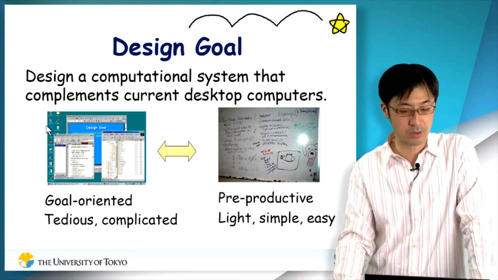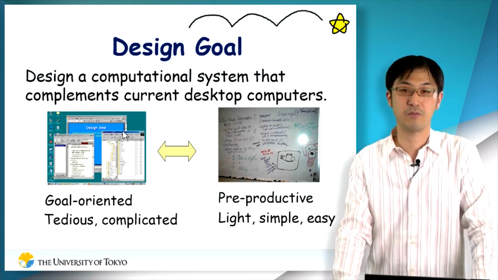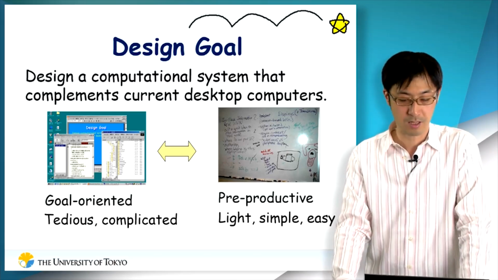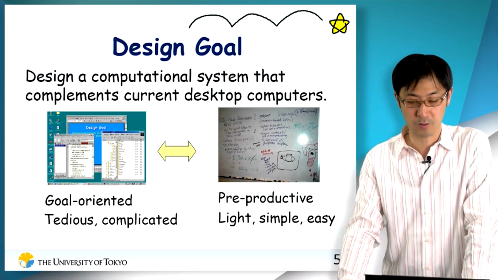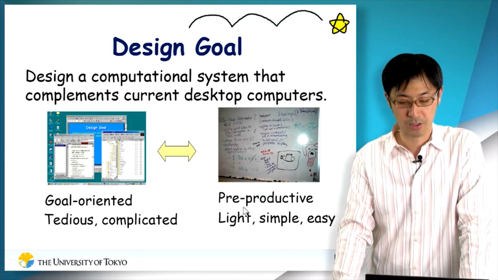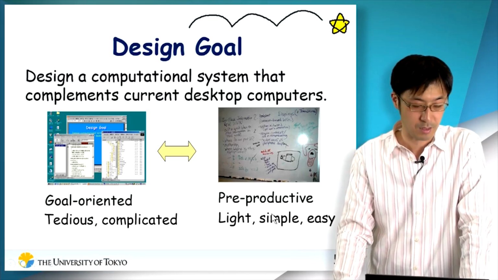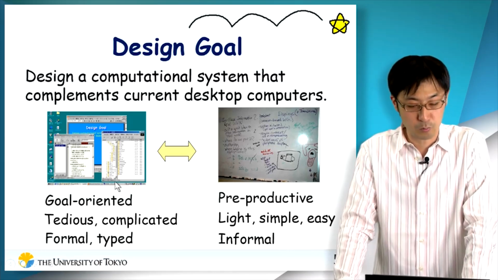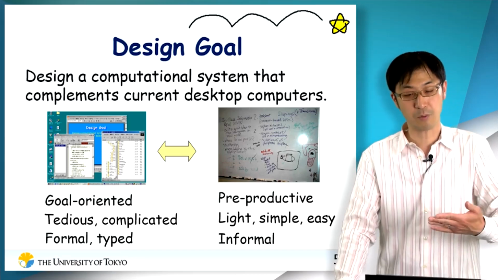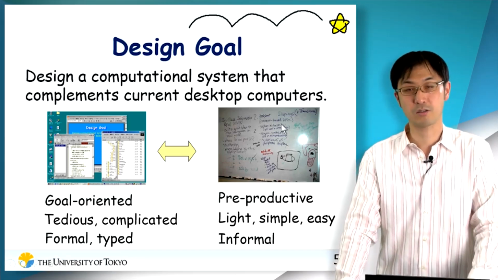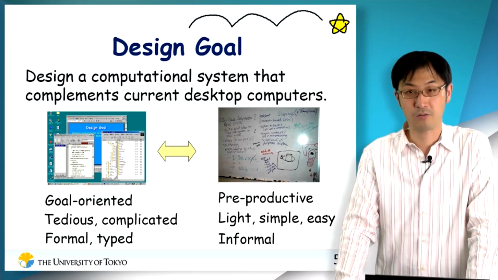Operation on desktop computers can be very tedious and complicated because you have to satisfy many constraints. However, a whiteboard is very easy. Just pick up a pen and write down. So it's very lightweight, simple, and easy. Finally, visual representation on desktop computers is very formal, usually typed text. However, visuals on whiteboards are very informal.